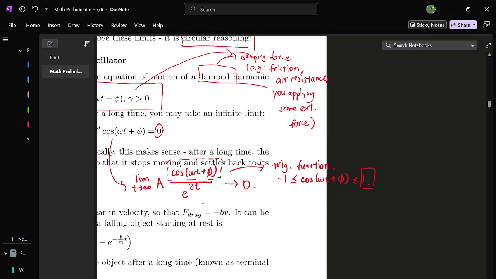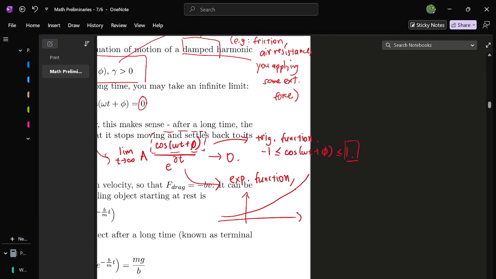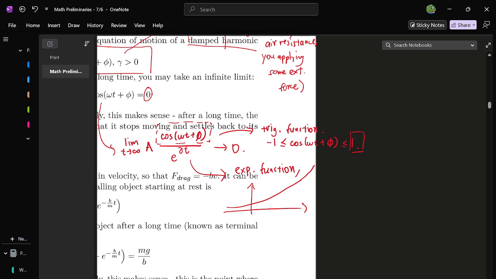But at the bottom you have an exponential function, whose graph looks something like that, probably steeper. It will go all the way to infinity. So as t goes to infinity, your cosine function is always stuck between -1 and 1, but your exponential function goes all the way to positive infinity.